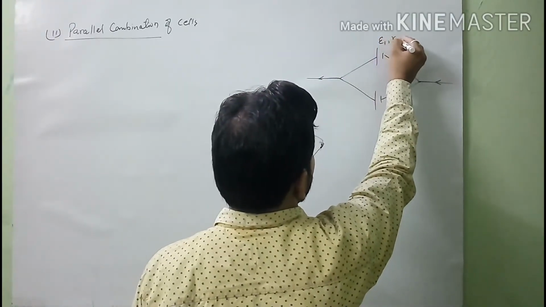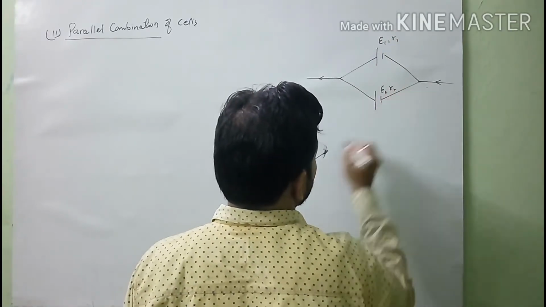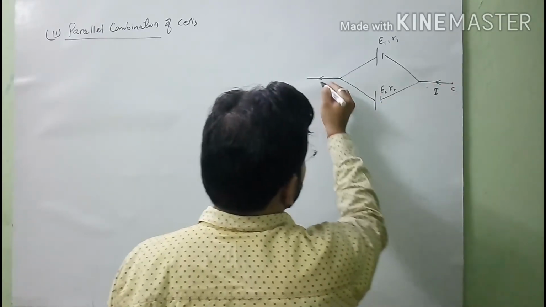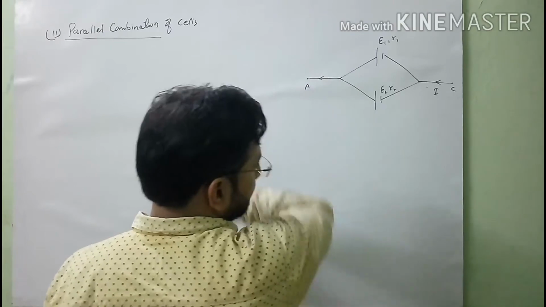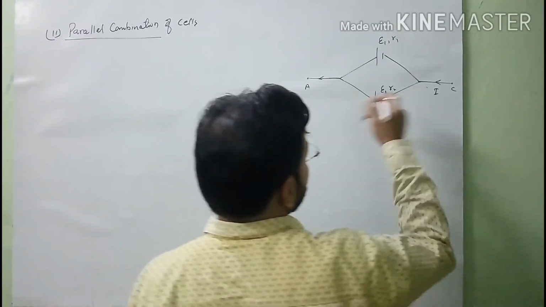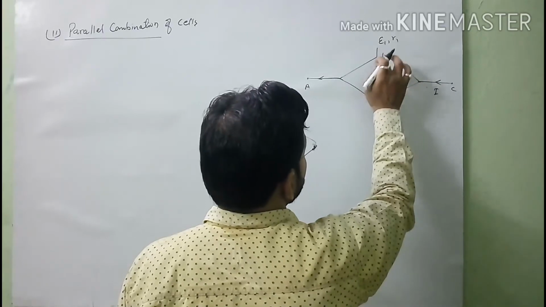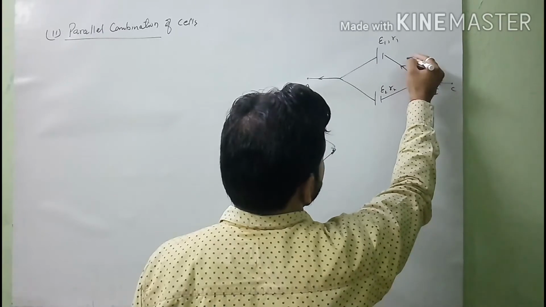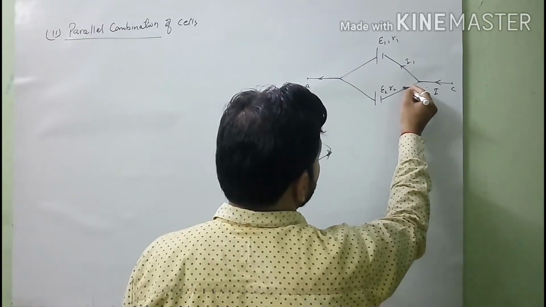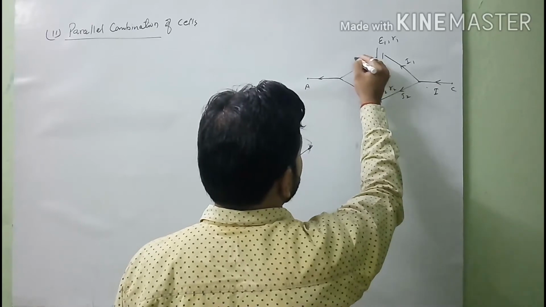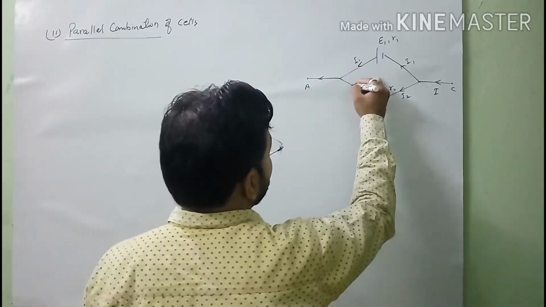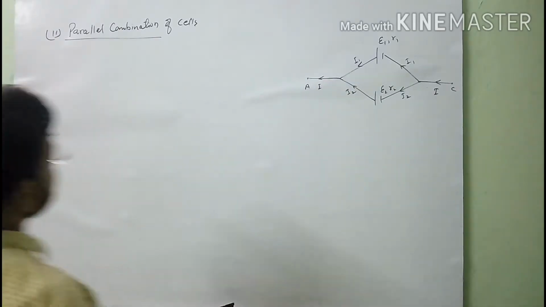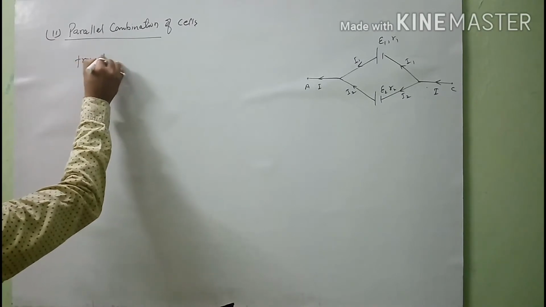So epsilon 1 comma R1, here epsilon 2 comma R2, and suppose current I is entering from the point C and emerging towards the point A from this combination. Here, for E1 EMF and internal resistance R1, the current flowing is I1, and here I2, and on the same side I1 is emerging from this side and I2 from this side, and I is the total current. So from the given diagram, first one thing we can write from the given diagram.